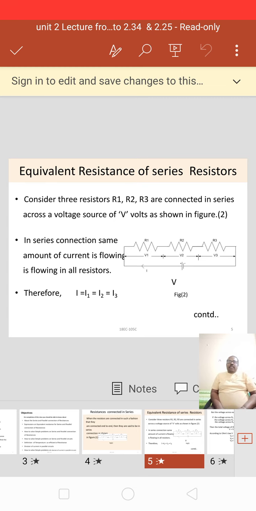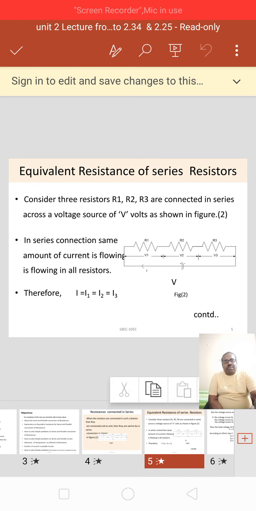Here the resistances are different, the voltages across these resistors are also different, but the current flowing through the resistors is the same. When it is flowing through the first resistor, it is I1. When it is flowing through the second resistor, it is I2. When it is flowing through the third resistor, it is I3.